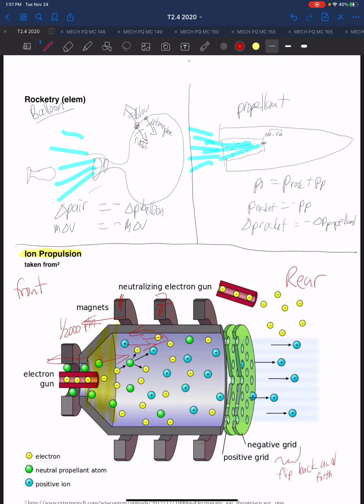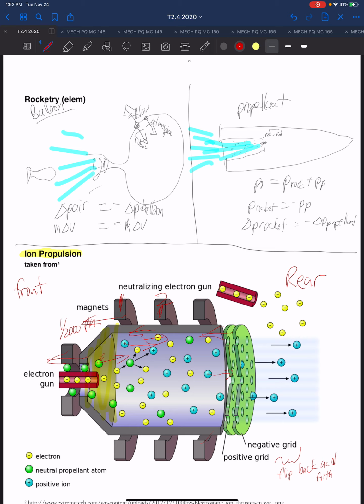And now when we get near the end of the rear of the rocket, we have the grid, which is negatively charged. And as the ion gets near, it's of course accelerating toward that negative charge, and the grid is attached to the propulsion. So it is accelerating the engine chamber forward to the left.